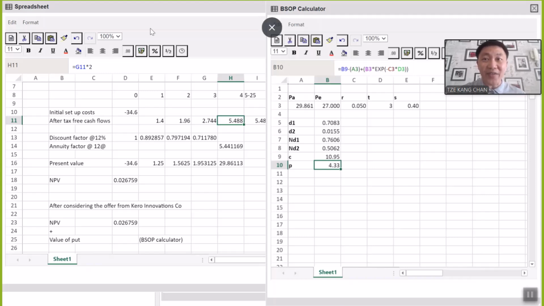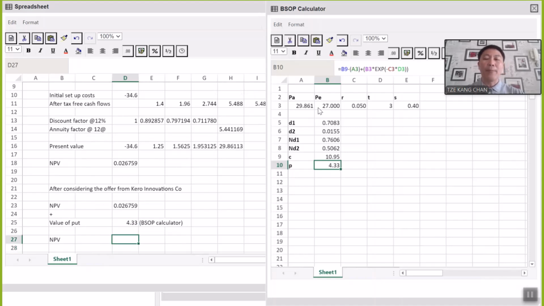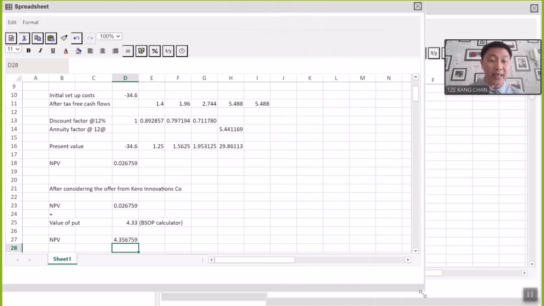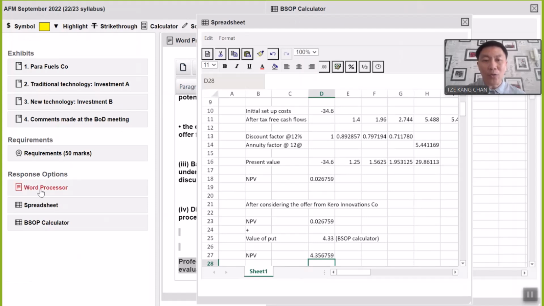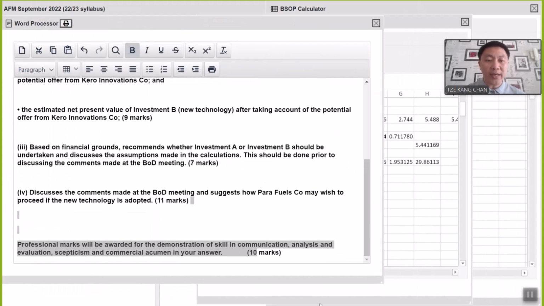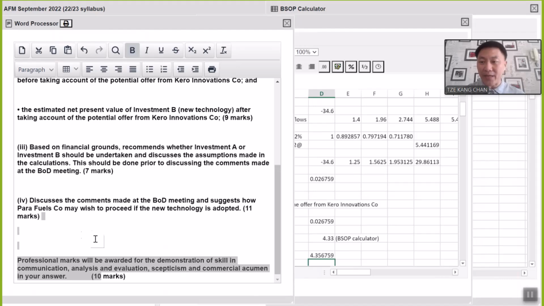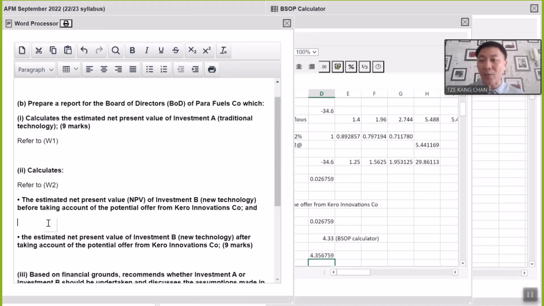What we need is the value of the put option. I will therefore plug the figure into my main worksheet. So 4.33 million is what we're looking for. By adding up the two values, that allows us to derive the value of the NPV after considering the put option. So what you have to do finally is to go back to the word processor by inserting the resulting NPV into the two sections that we have mentioned.